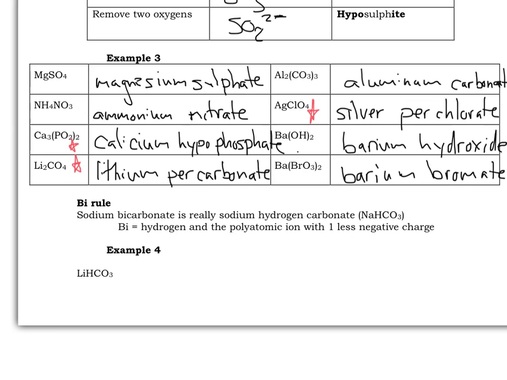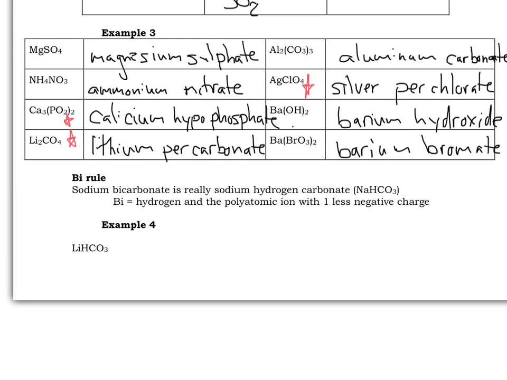Moving on to the bi rule. The bicarbonates or bisulfates are basically leftovers from an acid-base reaction. So they're a salt that's formed when certain acids are neutralized. So sodium bicarbonate is also correctly, but much more in terms of words, named sodium hydrogen carbonate.